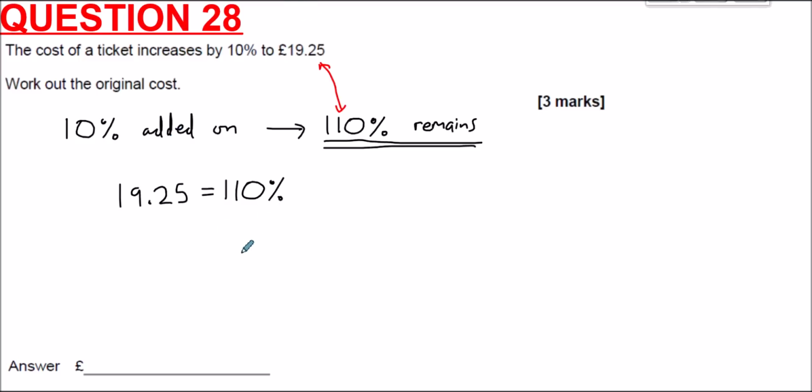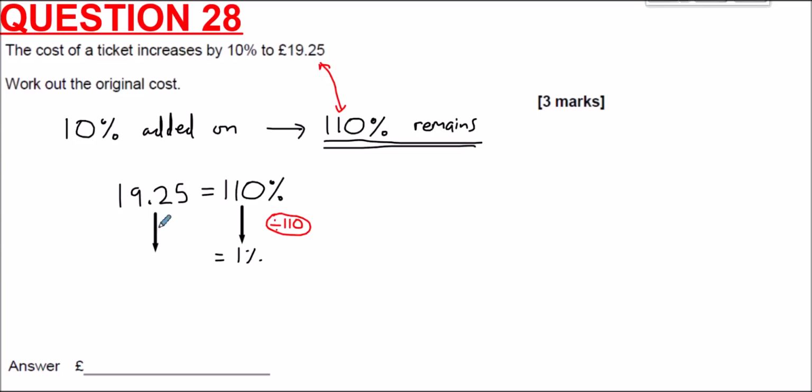What we could do with finding out is what 1% would be worth. So how could we go from 110% to 1%? What could we divide 110 by to get 1? Well, any number divided by itself will always give 1. And so what we can do is just divide by 110 to find out what 1% is.